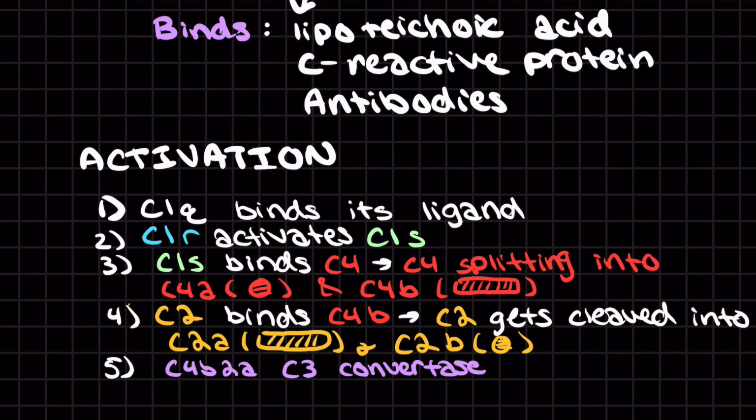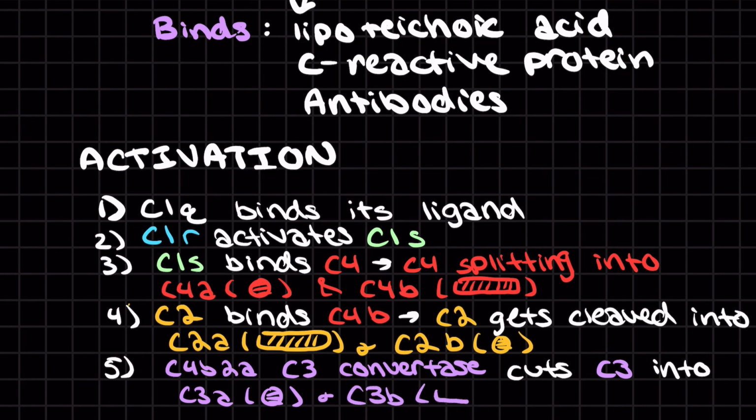And this will again cut C3 into C3a, our small fragment, and C3b, our large fragment, and our opsonizer.